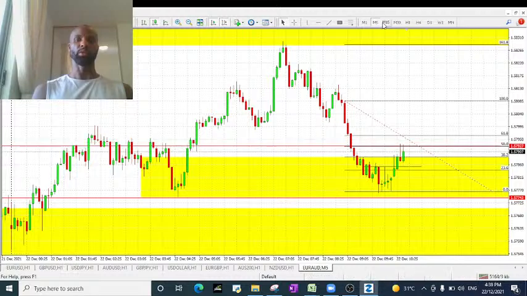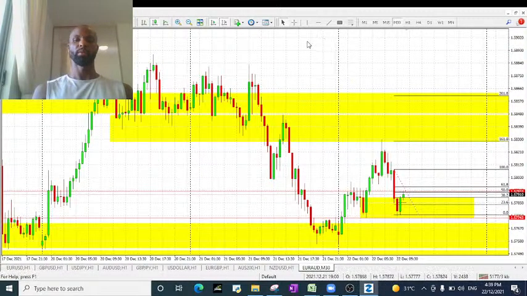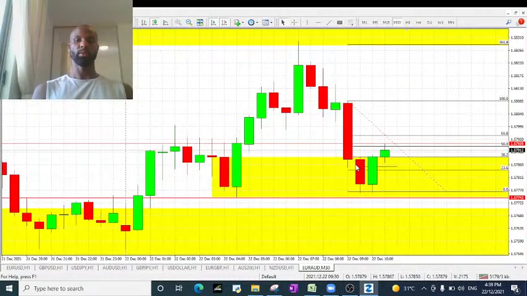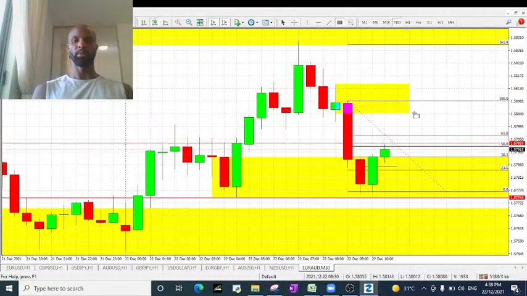I see this one also, the euro Australian dollar, starting out to be, I mean, buyers seem to be stepping in. With this close on the 13 minute, yeah, we are probably heading back up to somewhere here.